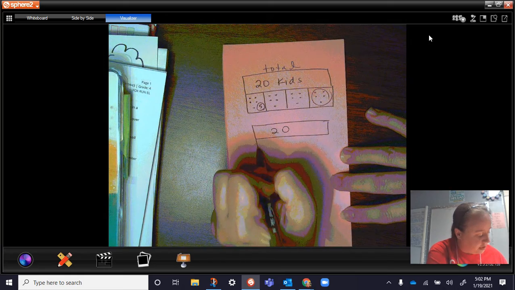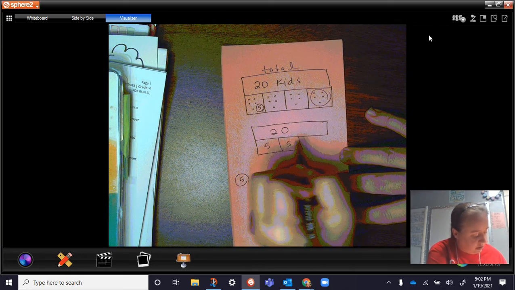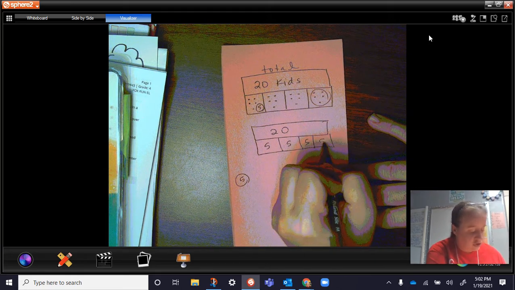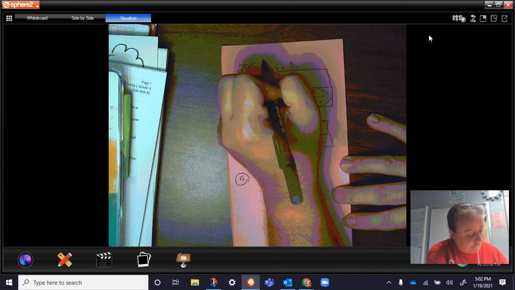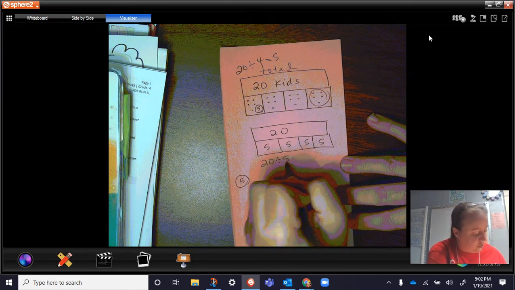So you count, okay, there's 5. I can make another one. That's 10. I can make another one. That's 15. I can make another one. That's 20. So either you're doing 20 divided by 4 equals 5, or 20 divided by 5 equals 4.